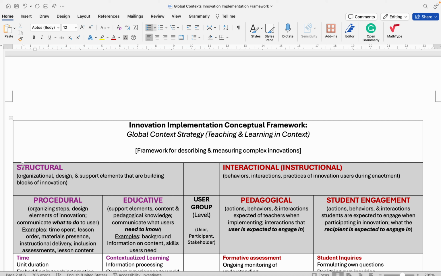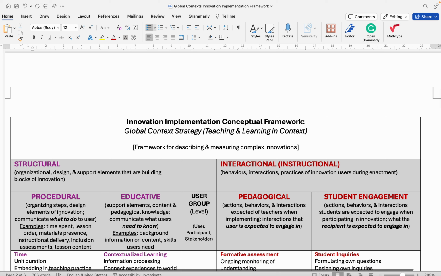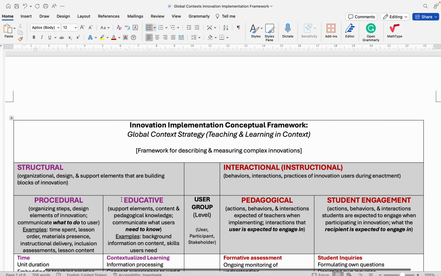The structural category is divided into procedural and educative elements. Procedural are things like how much time you spend on it, or what your lesson plan looks like. Educative are things that the instructor, the user of the innovation, needs to know, for example background information on content or skills.